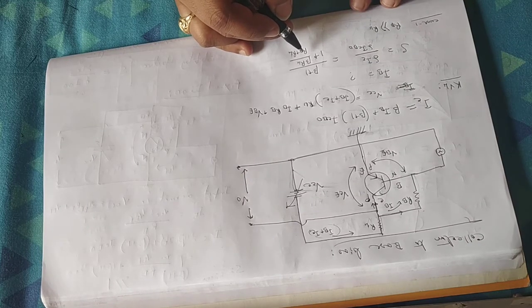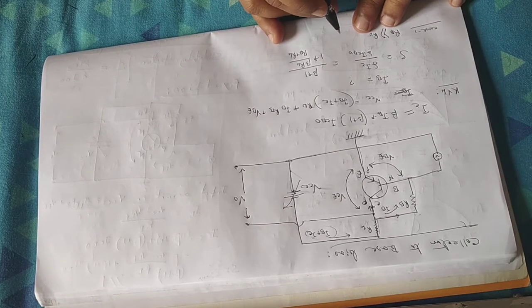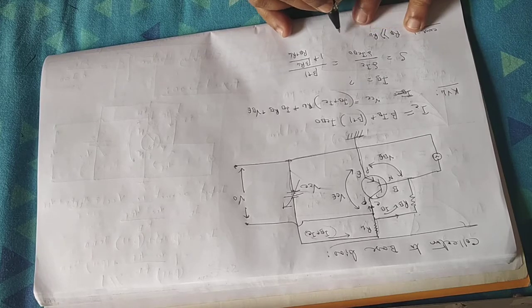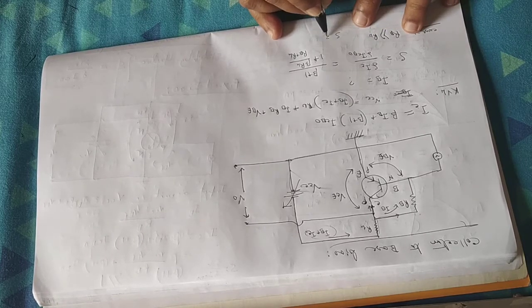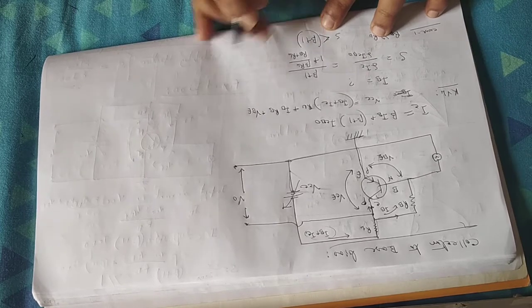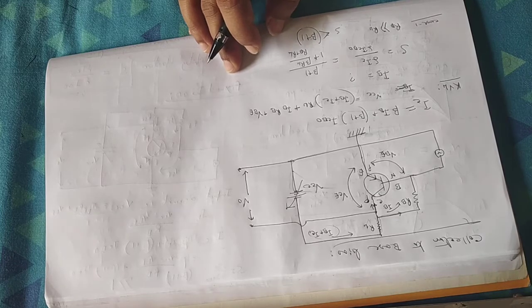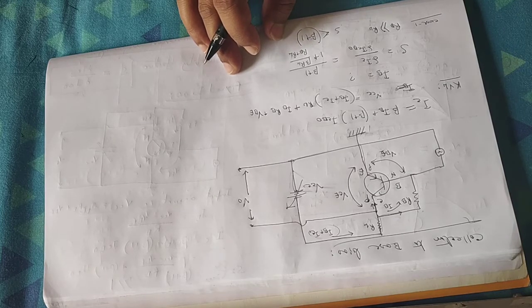So RB plus RL is nearly equal to RB only, a very high value, and the stability factor S will be much less than beta plus 1. It is OK stability, but our aim is to take the stability factor nearly equal to 1.